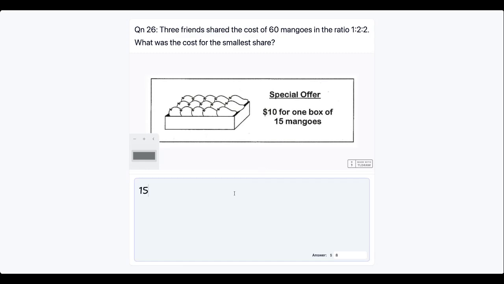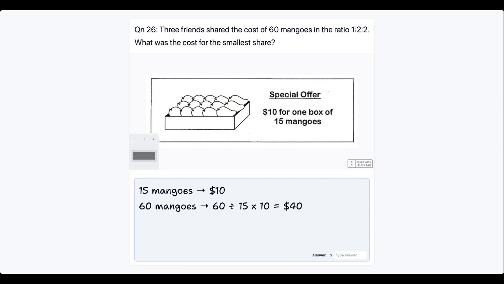So 15 mangoes is equal to $10. What about 60 mangoes? 60 divided by 15 times 10 is $40.